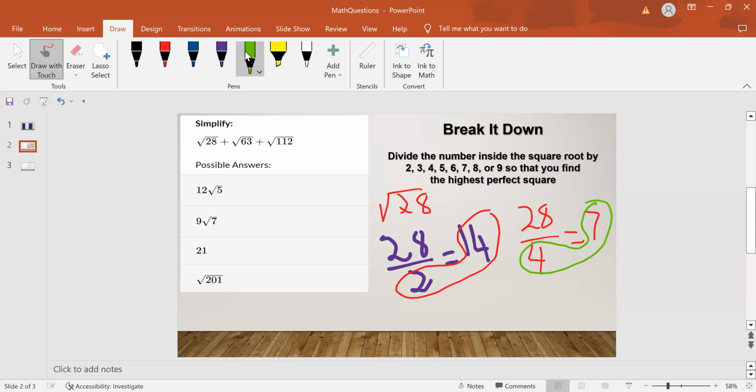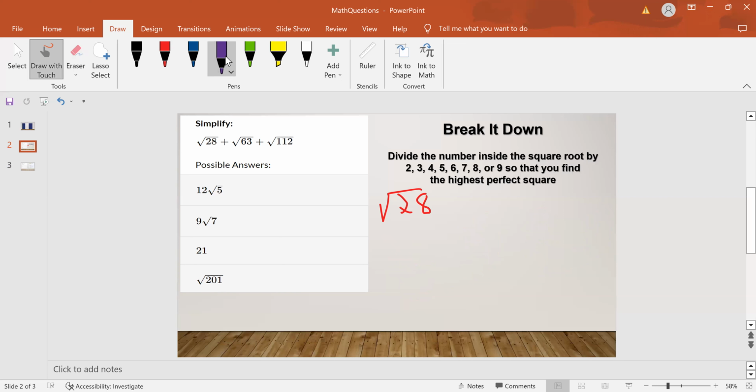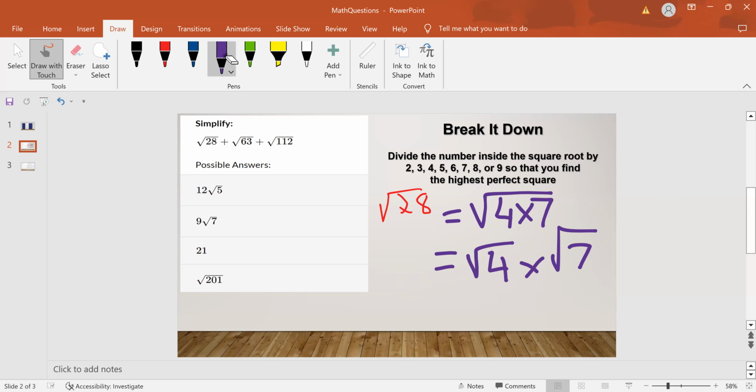And therefore, I will say that the square root of 28 is the same as the square root of 4 times 7. I break it down. So this is telling me that you're going to have the square root of 4 multiplied by the square root of 7.